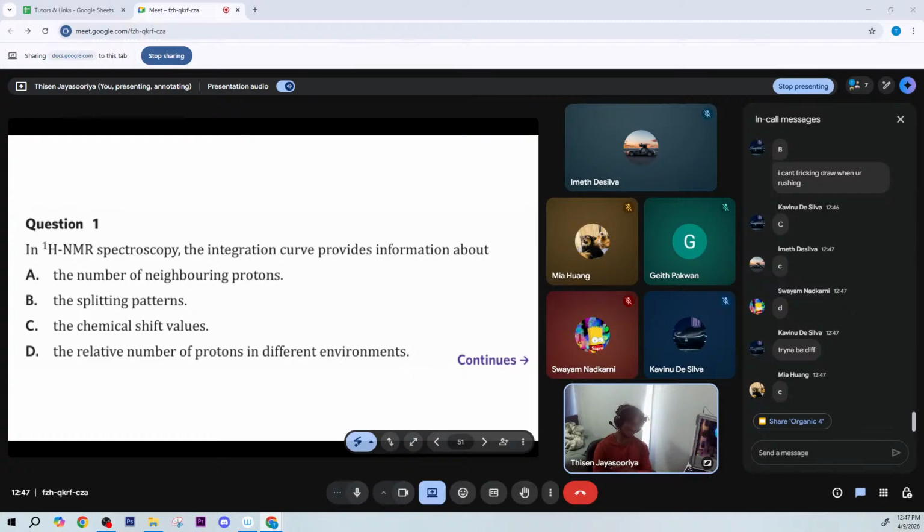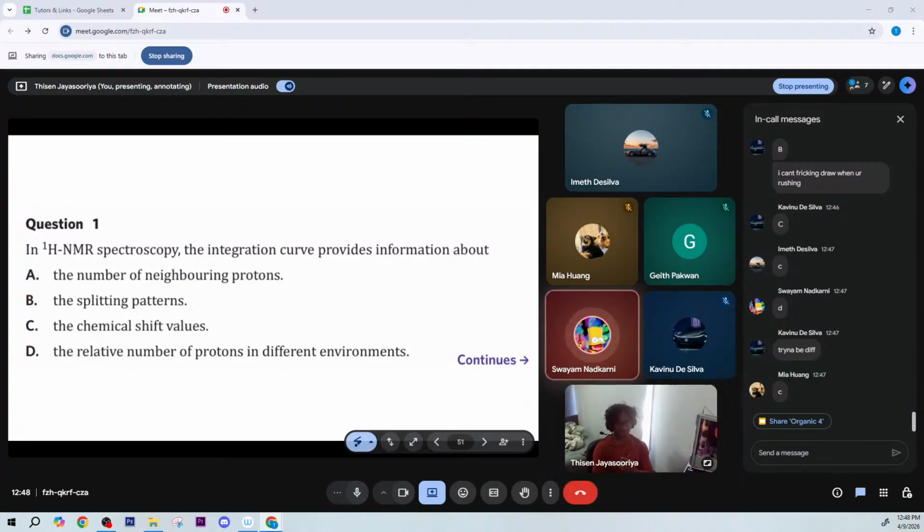C isn't. Why D is the correct answer? Yeah. Hmm. I don't know. Swayam, can you explain it?